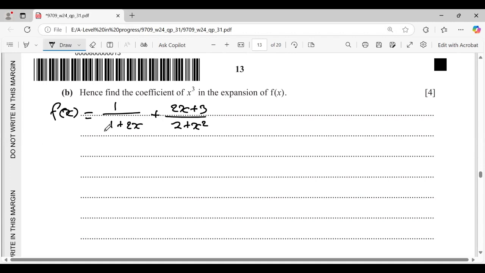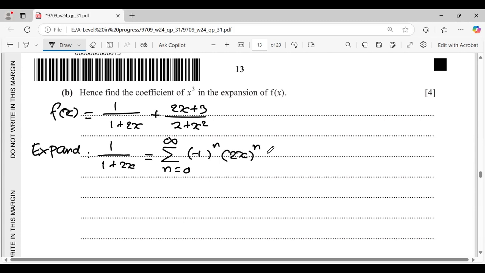Now, I will expand this fraction first. Expand 1 over 1 plus 2x by sigma n equals 0 to infinity, minus 1 power n times x power n.